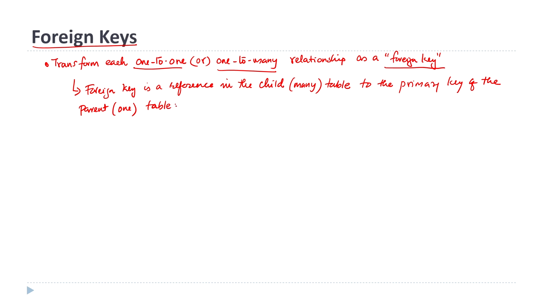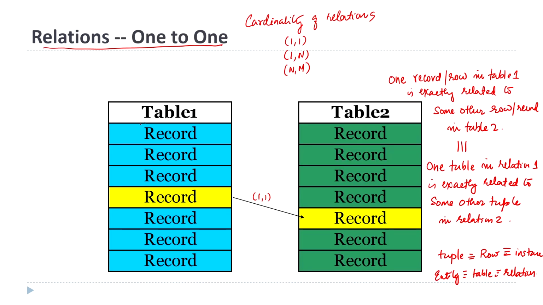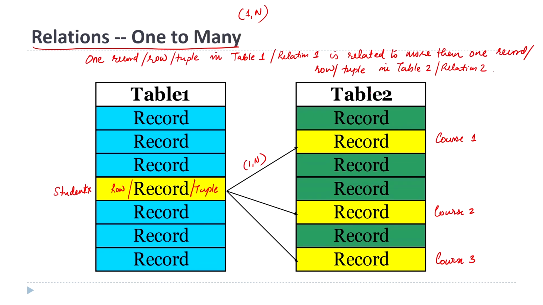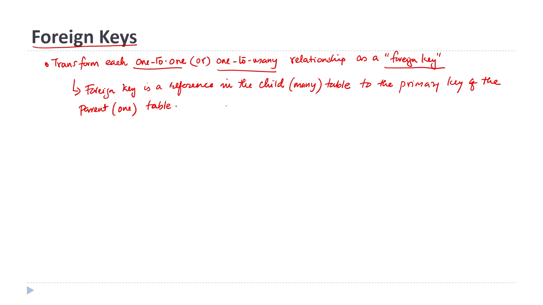If you think about it, this table is what we call the parent and this is the child, and same thing here, this is the parent and this is the child. So the foreign key is the reference in the child, the many table, to the primary key of the parent, the one table, the table from which it comes.